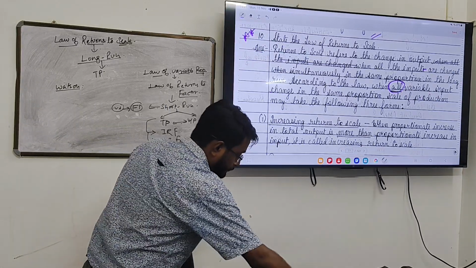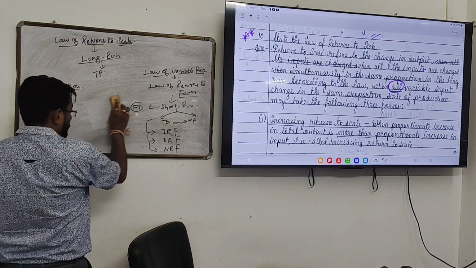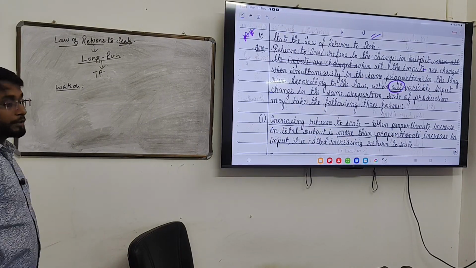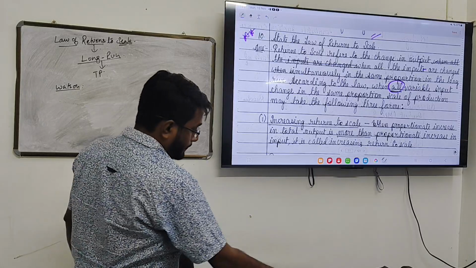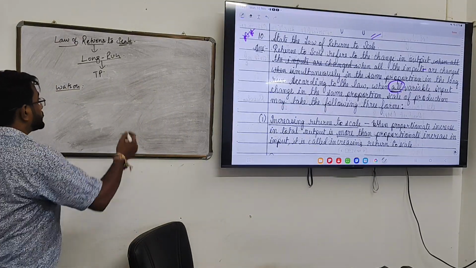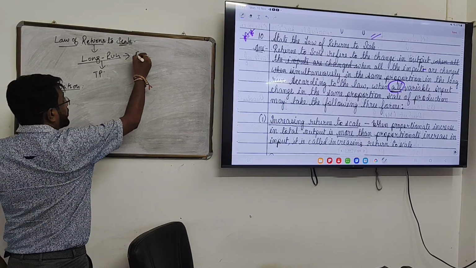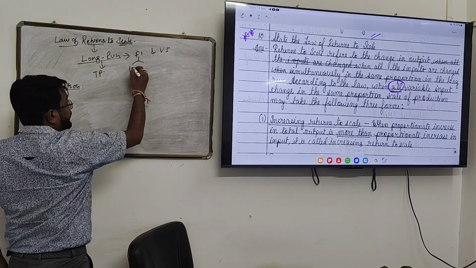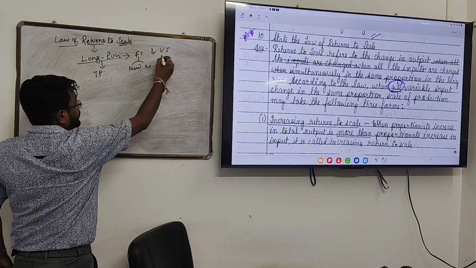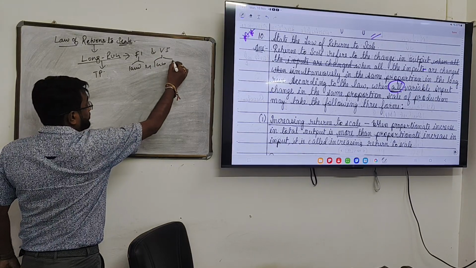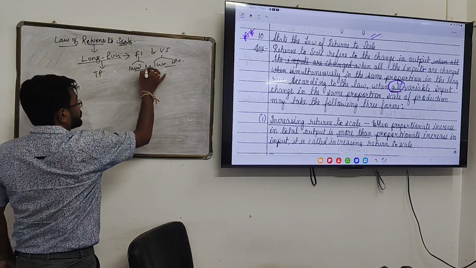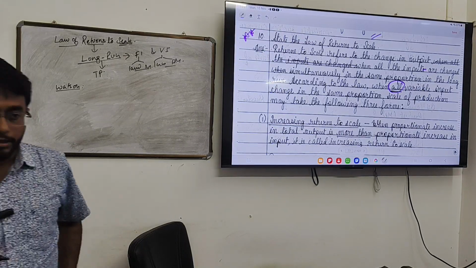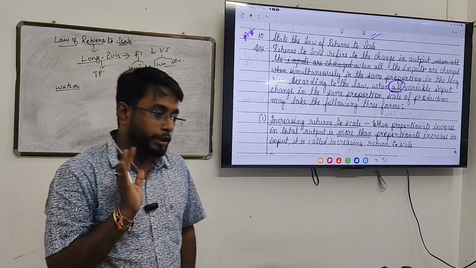Now let's focus on the law of returns to scale. First key comparison: this is operating in the long run. And when we talk about the long run, the producer is changing both fixed and variable input. That means the producer's land and machine, labor and raw materials, whatever inputs the producer has, the producer is changing all the inputs.